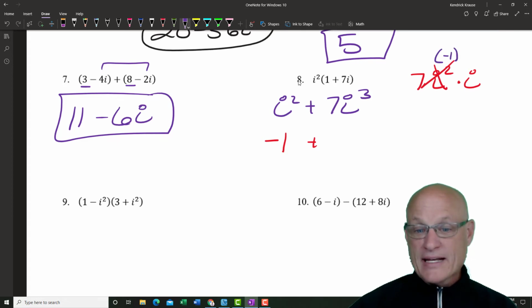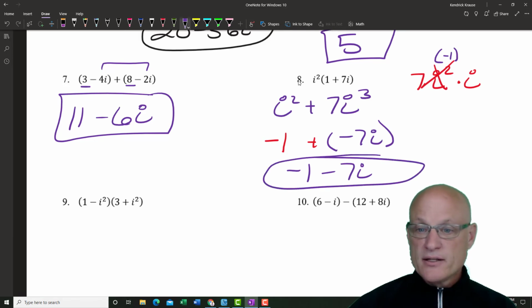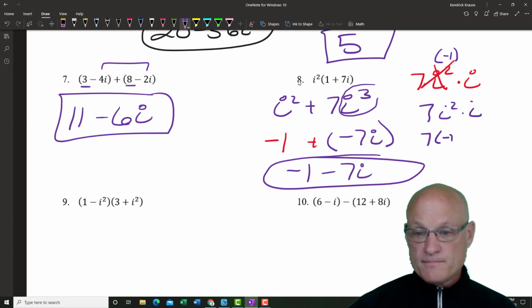So this becomes minus 7i, or negative 1 minus 7i. Just be careful. Again, all I did here was take the i cubed and write it as i squared times i. Well, i squared is really negative 1. So I multiplied here, and then 7 times negative 1 is negative 7.